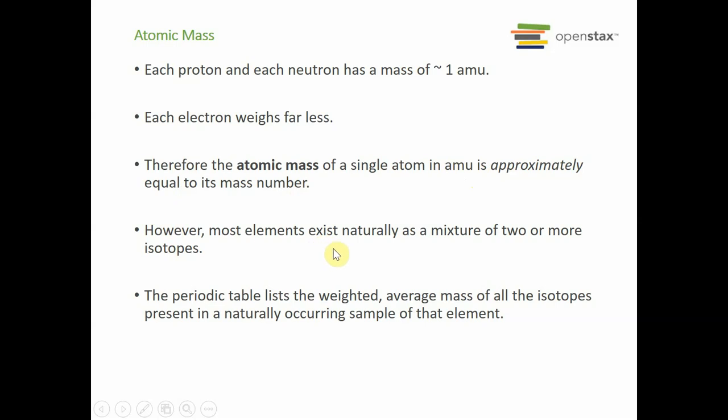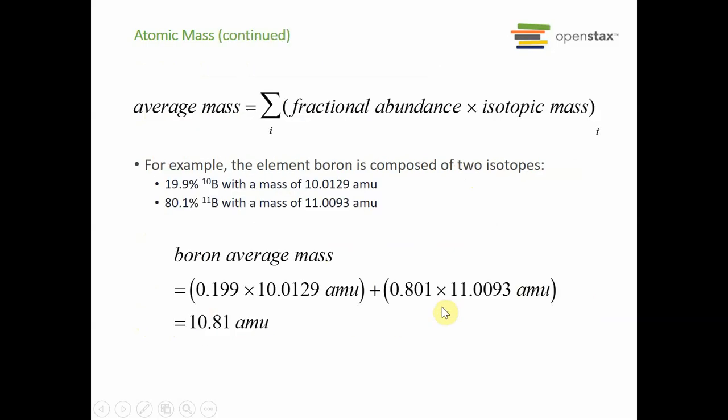However, most elements exist naturally as a mixture of 2 or more isotopes. The periodic table lists the weighted average mass of all the isotopes present in a naturally occurring sample of that element. And this is just how that average is going to be computed. We'll do more of this in the problems.